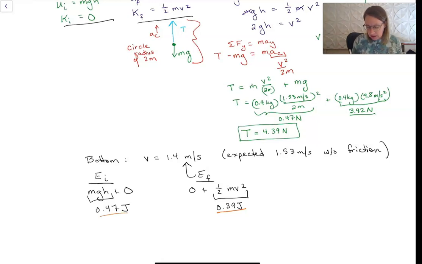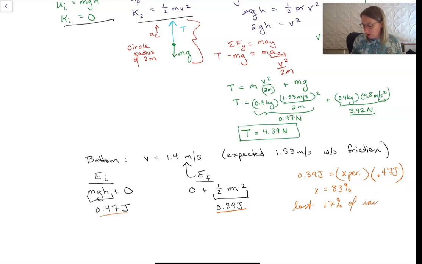And so we can see that it's less than when we started, so we lost some amount, and so we can say 0.39 joules is equal to what percentage, X percentage, of 0.47 joules. You can work this any number of ways if you want. This X percentage is 83%, which means we lost 17% of the initial.